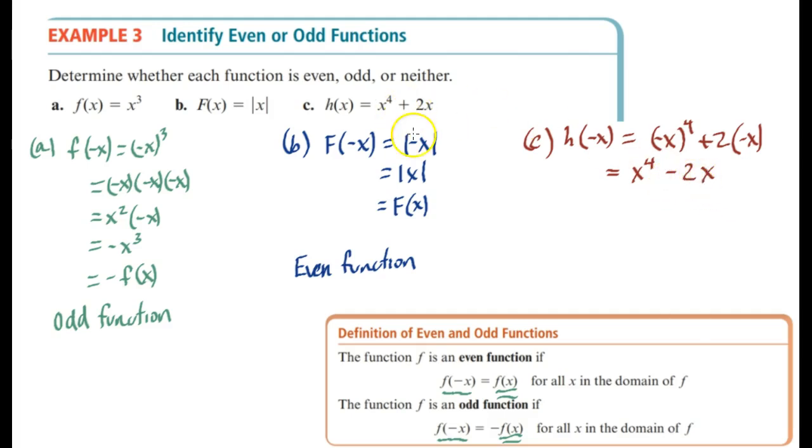So if you look at the second term, it looks like they're the opposite. In this case, we have an odd function if we look at the second term. So the first term appears to be an even function, and the second term appears to be an odd function. So in this case, it's neither. You have to have all the terms be opposite or all be the same sign. So this is neither.